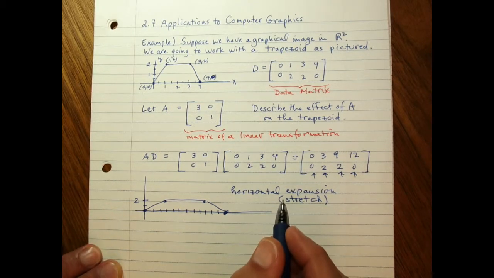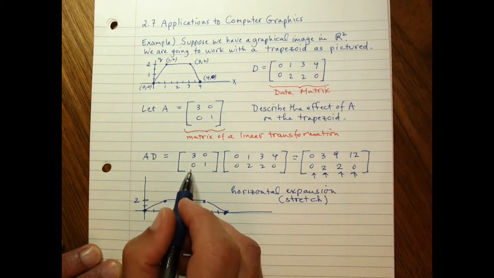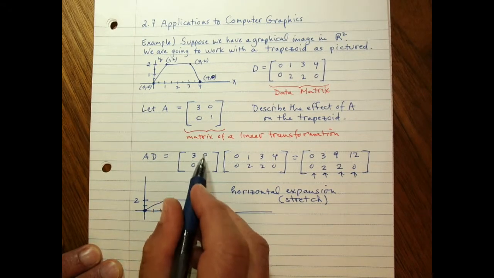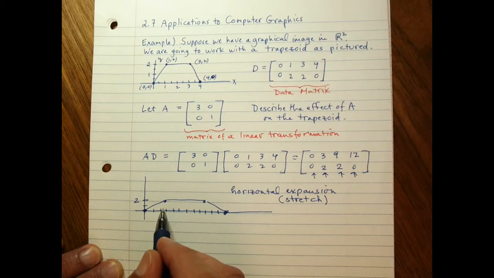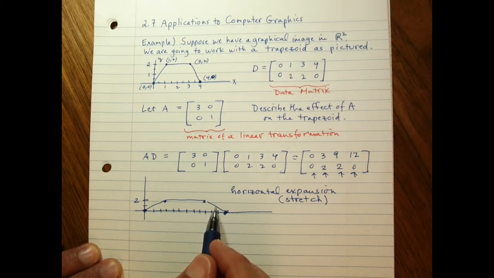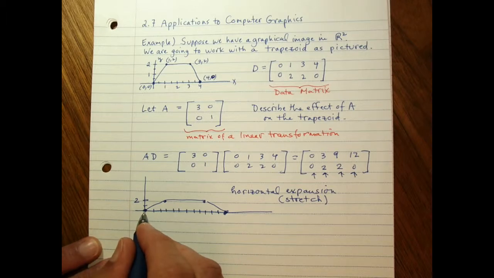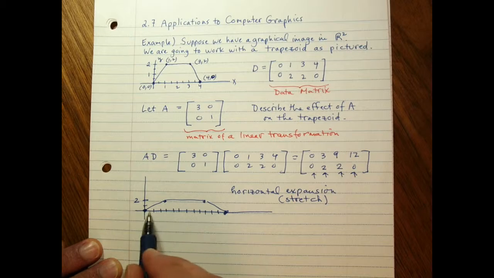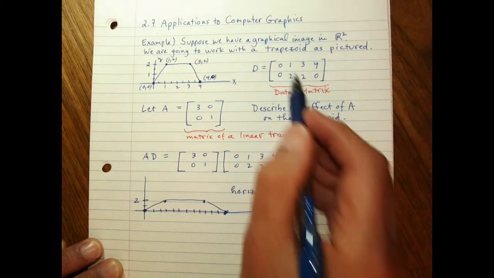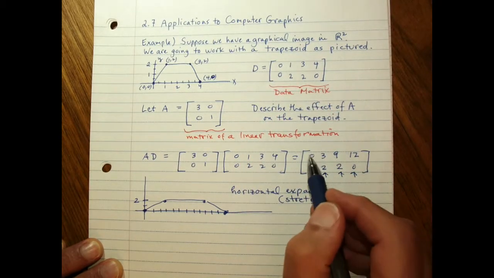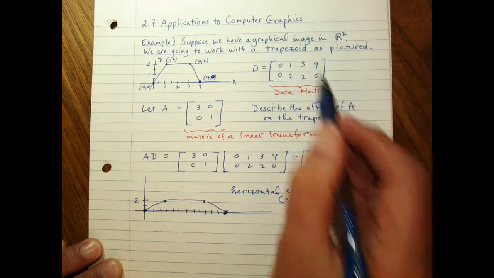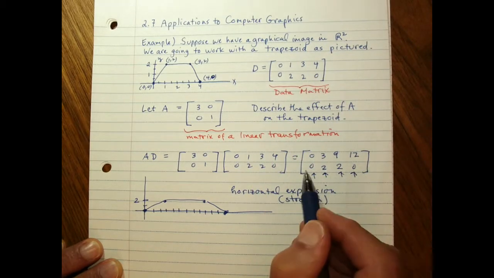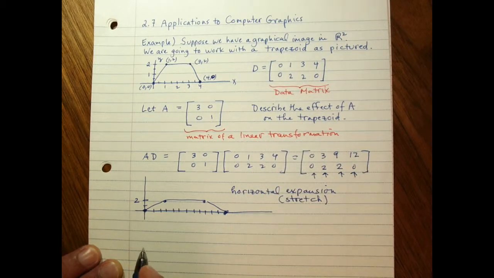So this matrix 3, 0, 0, 1 has had the effect of stretching the trapezoid out to the right. That 3 seems to be multiplying horizontally points or x-coordinates by a factor of 3, correct? In fact, if we compare D to our product matrix, the x-coordinates have been multiplied by 3, but the y-coordinates, the second entries, have stayed the same.